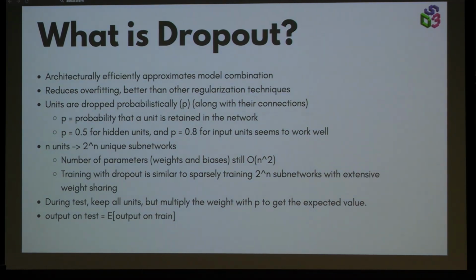When I say a specific network architecture, I mean I'm fixing the number of layers and I'm fixing the number of units in each layer. But ideally, not only do you want to figure out all combinations of weights, you also want to test it on different sorts of architectures. What if instead of 2 layers I have 3? What if the middle layer has twice the nodes than it has right now? Right? There's a lot of combinations. So that's what you're trying to do. And Dropout does that efficiently.